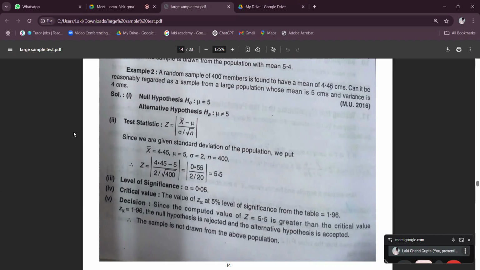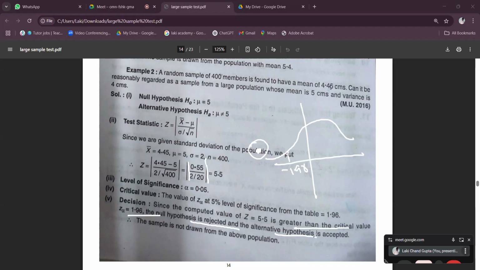You are getting minus 5.56, right? So this is minus 1.96, so minus 5.5 lies here. And if you take the positive value only, then you can say this is greater than 1.96. So the null hypothesis is rejected. Then you can take 5%.